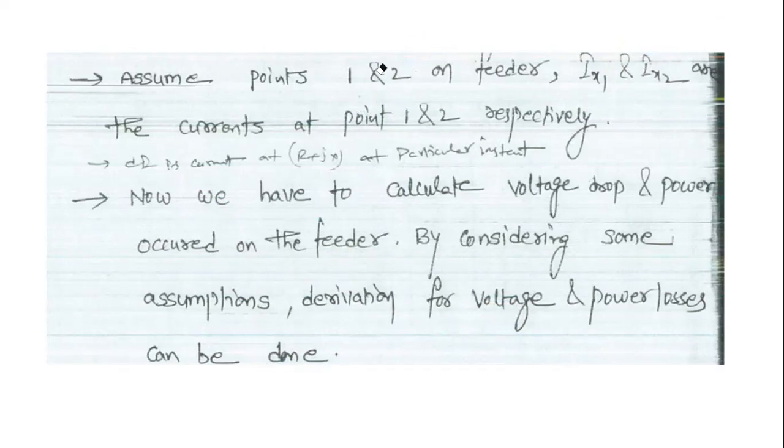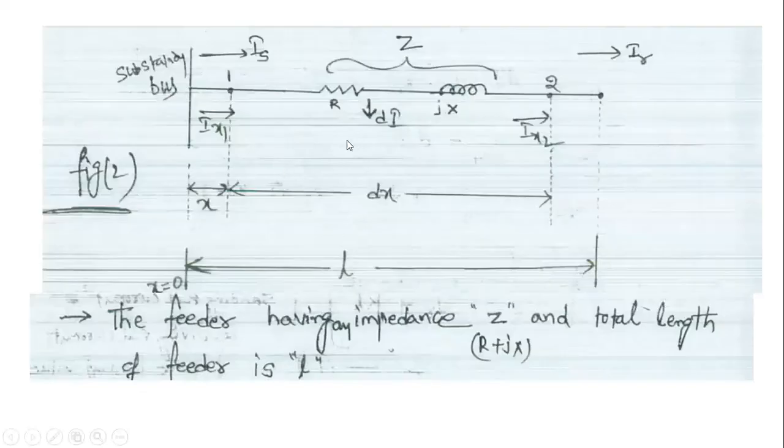Next, assume points 1 and 2 on the feeder. This is point 1 and this is point 2.